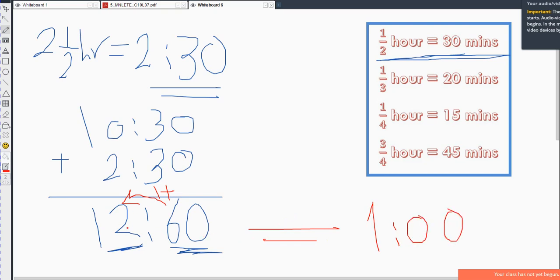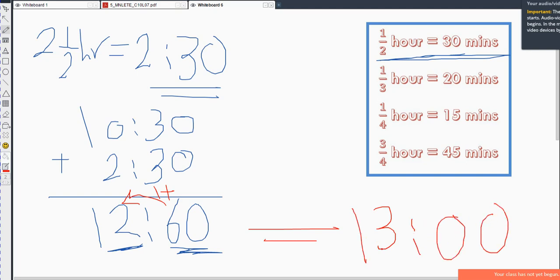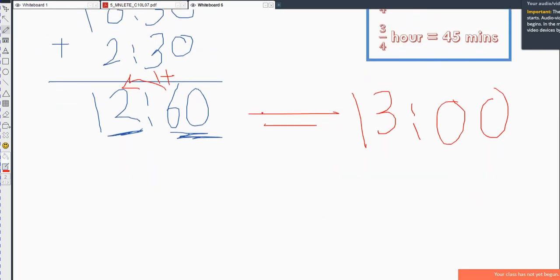So 12 becomes 13, and this will be 00. Okay, 13 equals which time? 13 is after 12 p.m., so it is equivalent to 1 p.m.